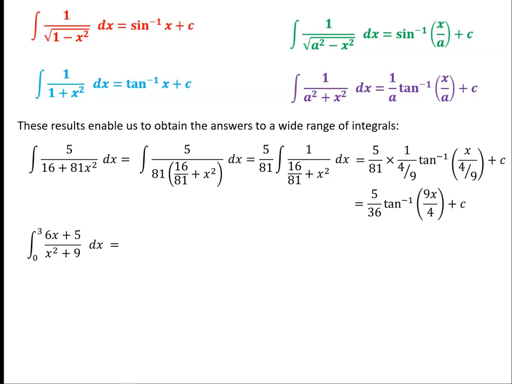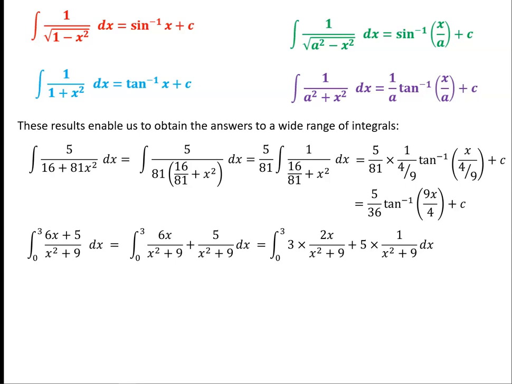Now the final example is a bit of a hybrid example. We've got the integral between 0 and 3 of 6x plus 5 over x squared plus 9. I'm certainly allowed to rewrite that as being the integral of 6x over x squared plus 9 plus 5 over x squared plus 9.